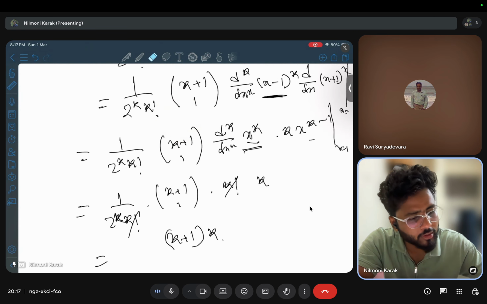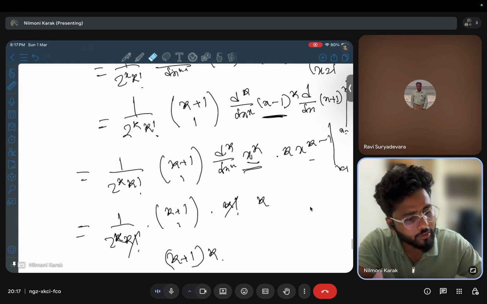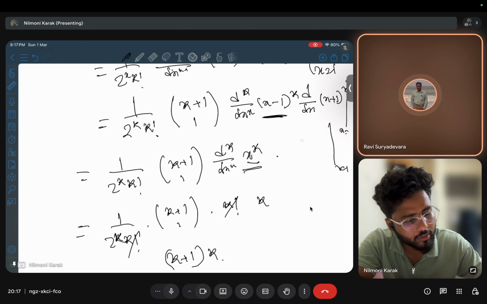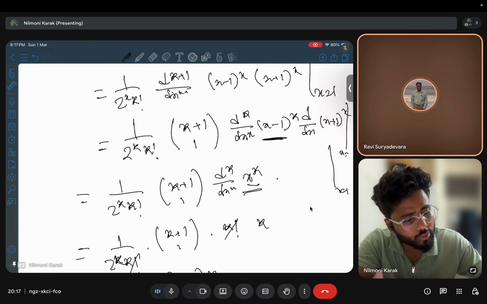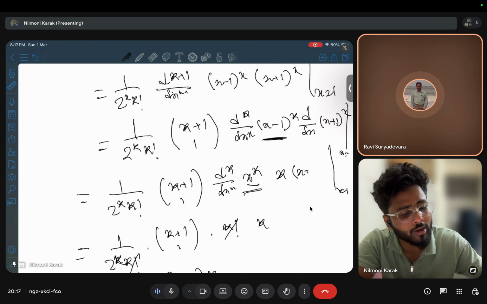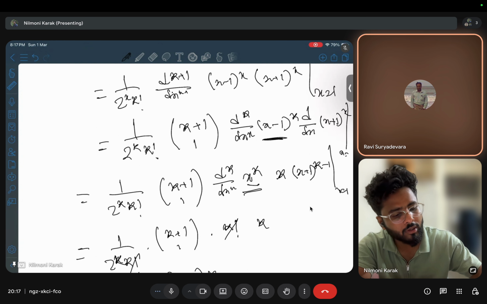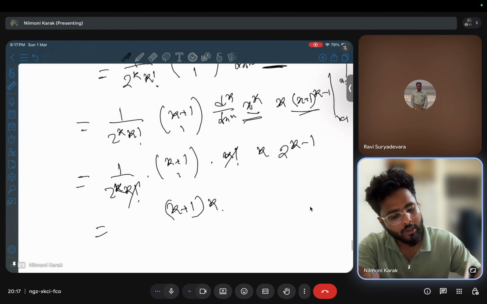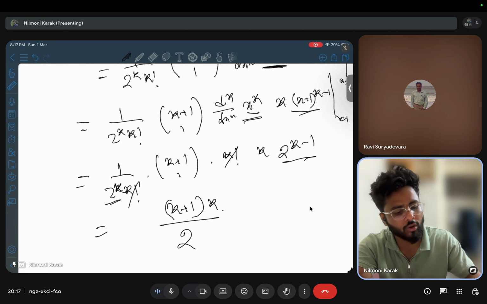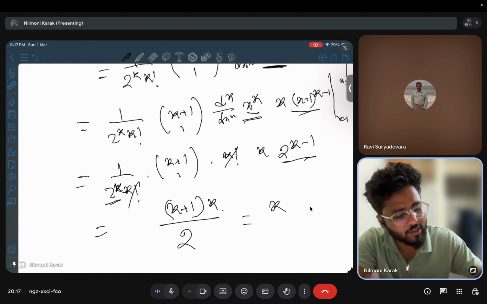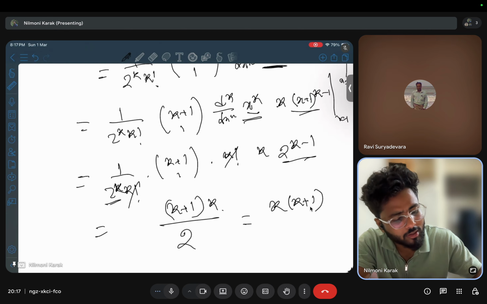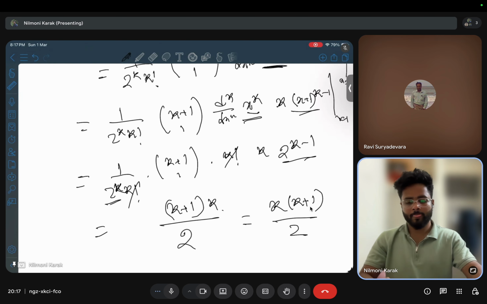Oh, sorry, this is not correct. This is k times (x plus 1)^(k minus 1), so this should be 2^(k minus 1). And this 2^k and this 2^(k minus 1), this is 2 only. So finally, k into k plus 1 divided by 2.